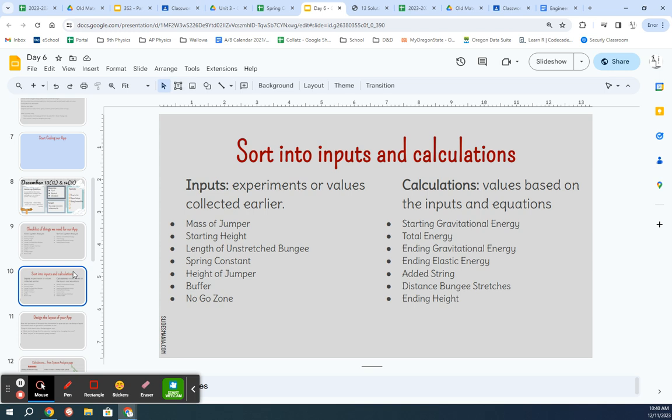All of these things have a formula for them. And so we're going to go ahead and look at those formulas, but they're all based on either the inputs or other calculations.